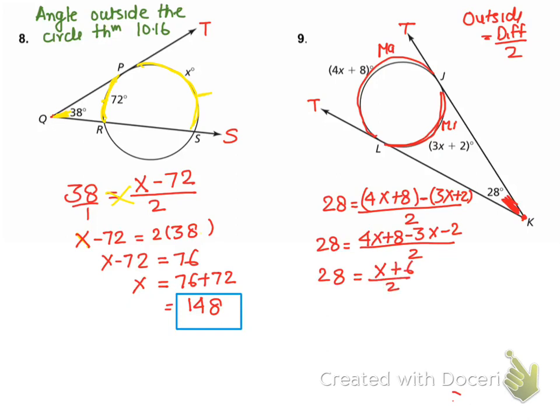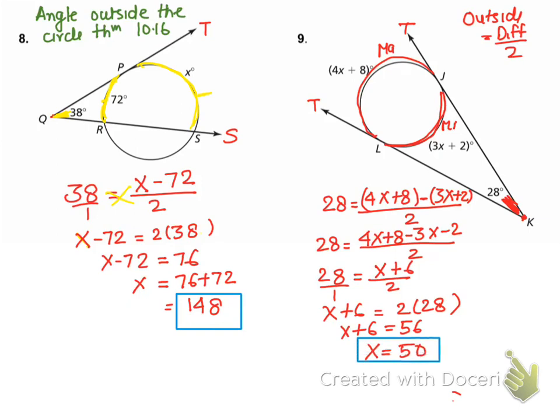Now cross multiply the way I always said. So when I cross multiply, x plus 6 is equal to 2 times 28. And again x plus 6 is 56. And then subtract 6 from both sides. X equals 50. That's your final answer.